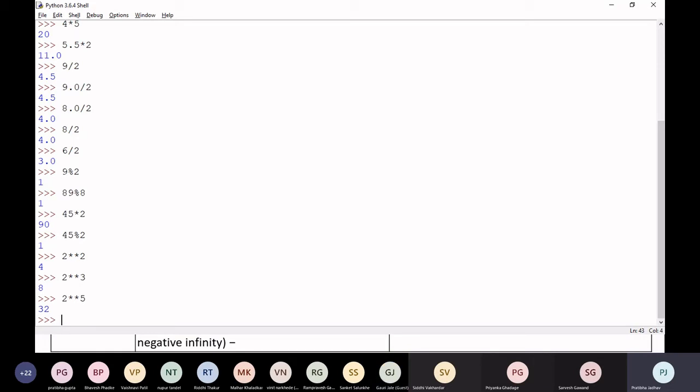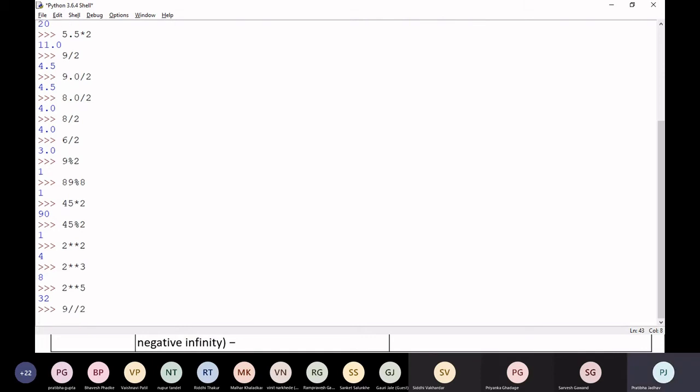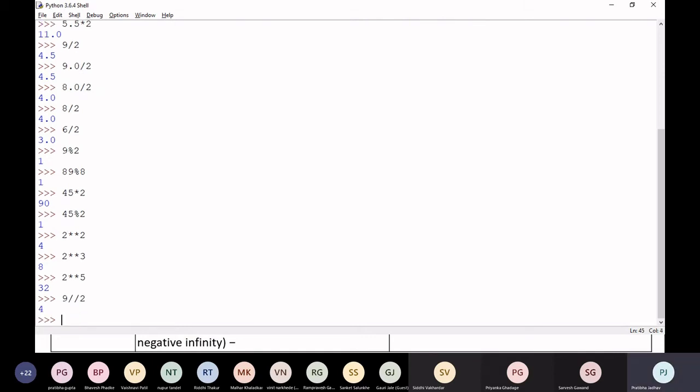It gives the exponential between the two operands. Now next is double slash. Double slash gives you the floor division, the quotient of the division operation without decimal points. 9 divided by 2: the actual output of 9 by 2 is 4.5, but it is displaying only 4.